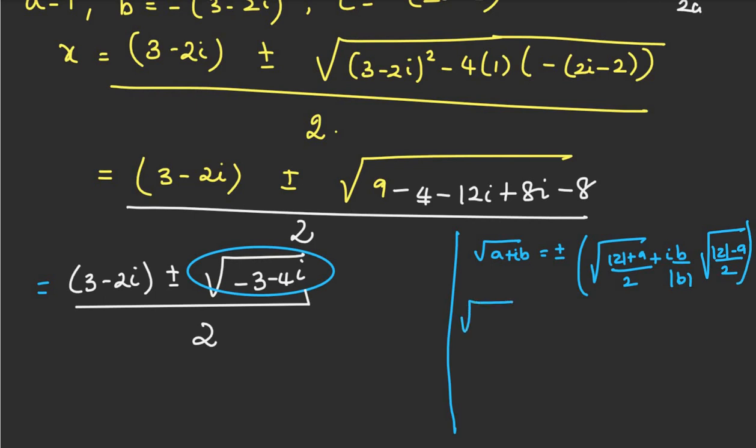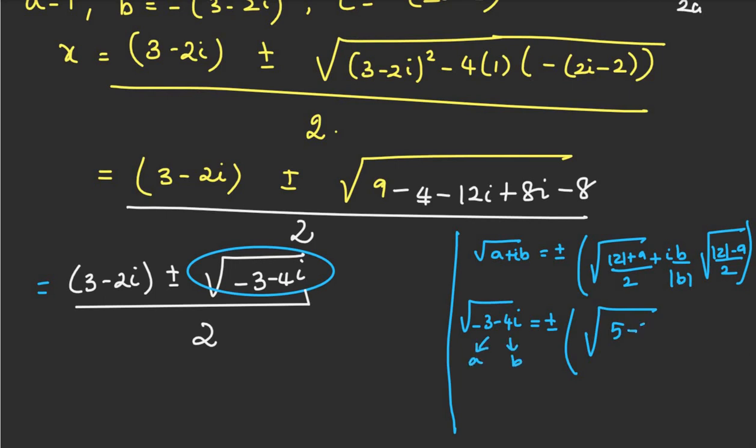Now I want to find the root of minus 3 minus 4 iota, which is equal to plus or minus. Modulus of minus 3 minus 4 iota is 5, so this gives me root of 5. A is minus 3 and B is equal to minus 4.